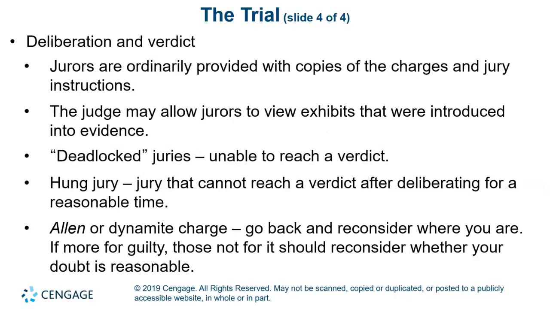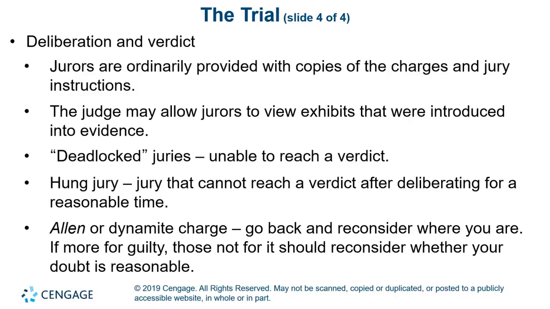When you talk about deliberation and verdict, jurors are ordinarily provided with copies of the charges again and the instructions. The judge may allow jurors to look at different pieces of evidence that were introduced. There are a couple of terms that you may want to know. A deadlocked jury means that they are unable to reach a verdict.